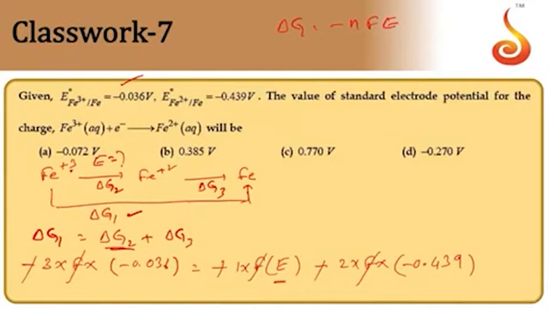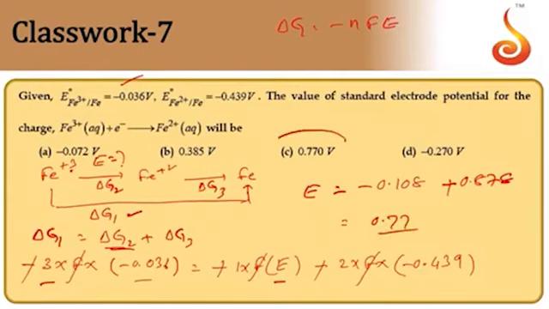So E will be equal to minus 3 times 0.036, which is minus 0.108, and then the other term goes to the other side and becomes plus sign, so plus 0.878, which comes to nearly 0.77. So the answer here is 0.77, and the option is C.